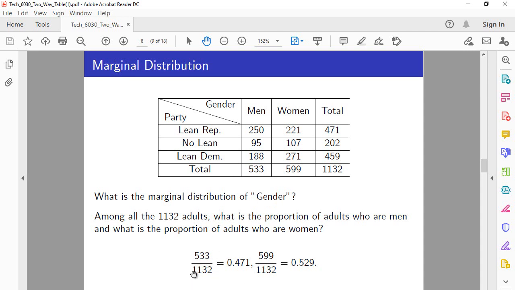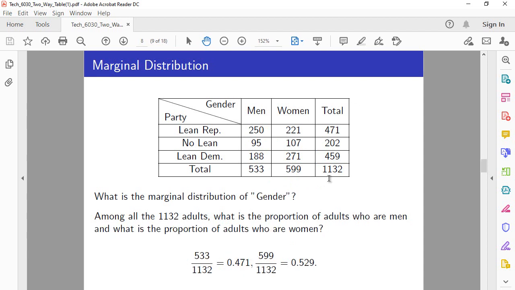We divide that by the total number of adults. That's 0.471. And the total count of women is 599, and then we divide that by 1,132. We get 0.529. So these two numbers give us the marginal distribution of the variable gender. I'm going to put these proportions in the table.